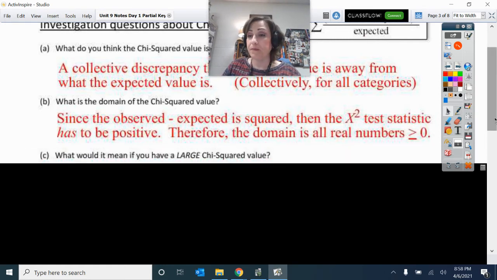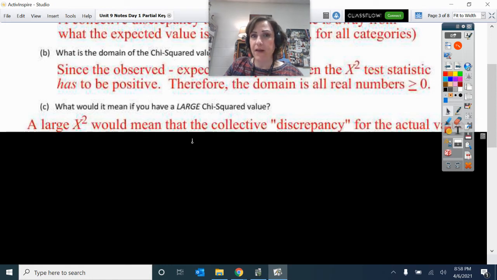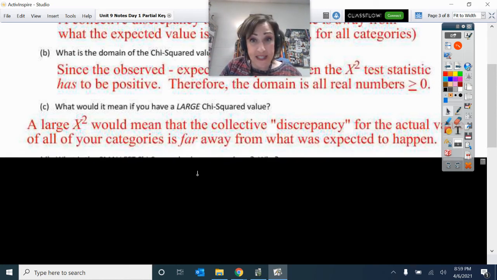What do you think it means if we have a really big chi-squared value? Then you have a bigger collective discrepancy that the actual is away from what was expected. So the bigger the chi-squared, the farther away your actual was from what was expected to happen.